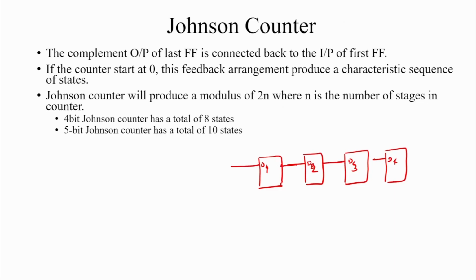Similarly, the output of this is connected to the input of this, and so on, and this generates the final output. The outputs are Q1, Q1 complement, Q2, Q2 complement, Q3, Q3 complement, Q4, and Q4 complement.